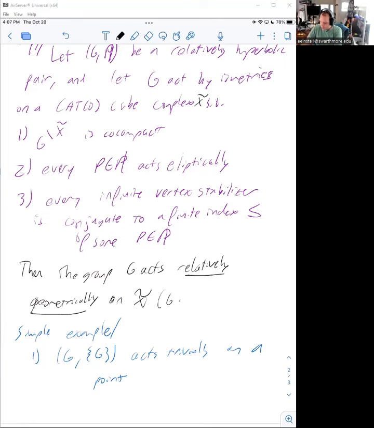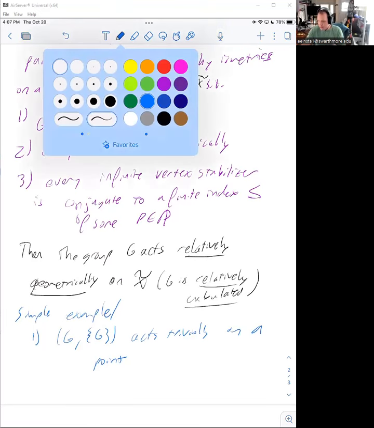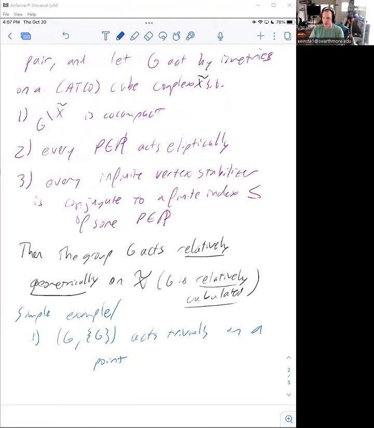And we also say G is relatively cubulated. So I'll use these terms interchangeably.